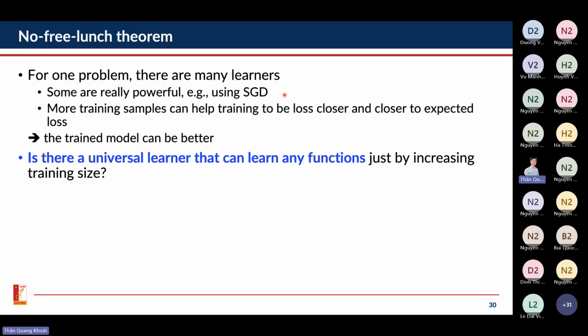But one question is: are there any learners that can learn any function just by increasing the number of samples? Because we have this property in practice, right? So a natural question is, can we solve any learning problem just by increasing the number of training samples?